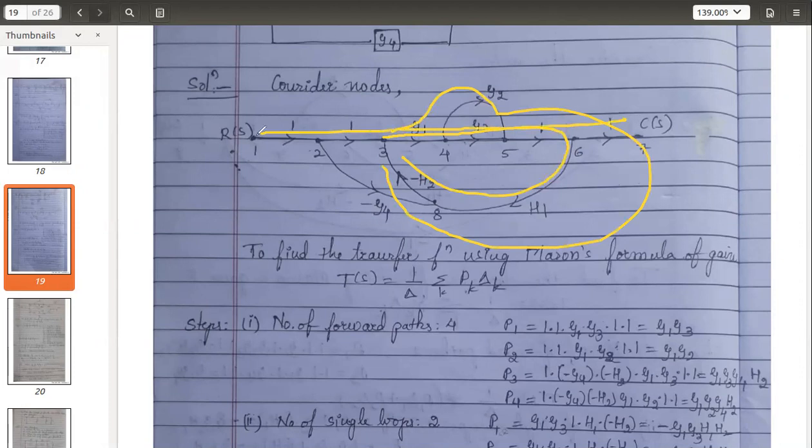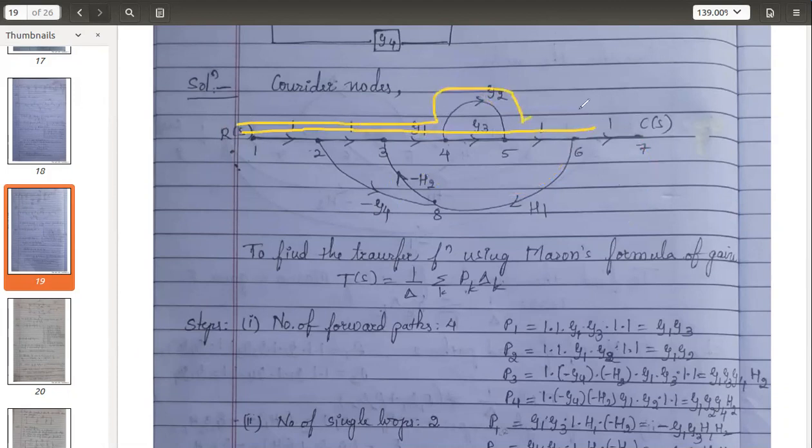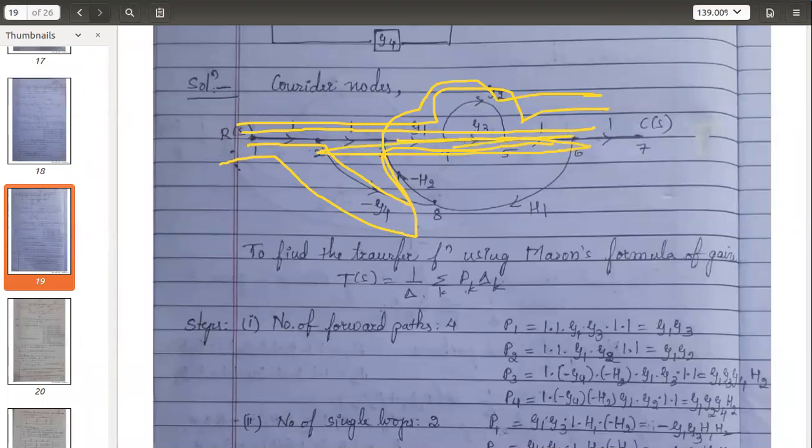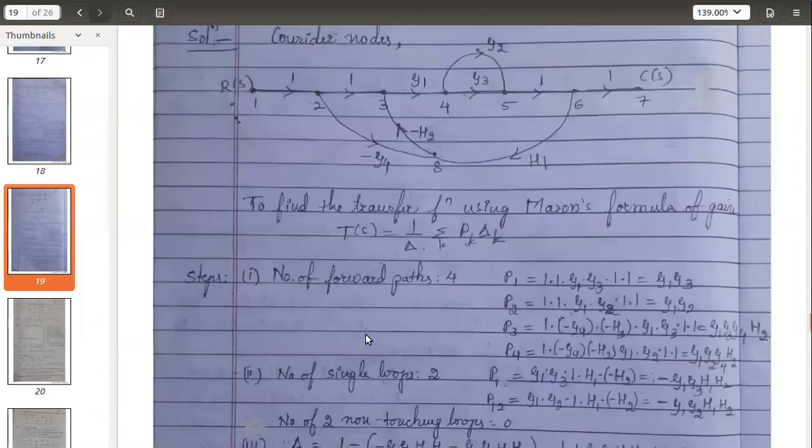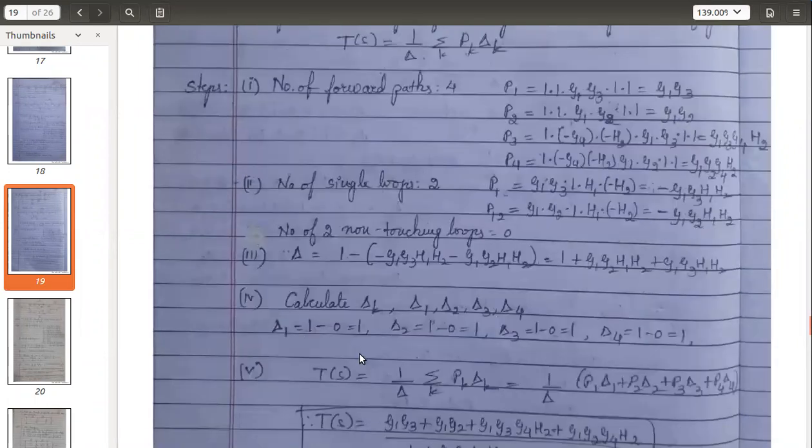This is your first path, second path, third path, fourth path. All these paths are touching here. You can see these 2 are the common nodes and branches for these 2 loops. Hence all those delta values are 1 minus 0 for each of these, because all these loops are touching these forward paths. First forward path, second, third and fourth. Hence it is only 1, 1, 1, 1.